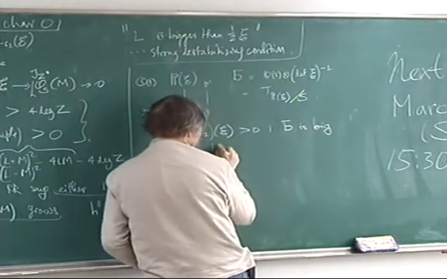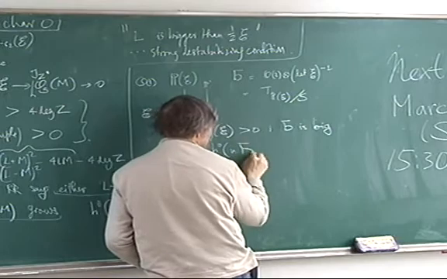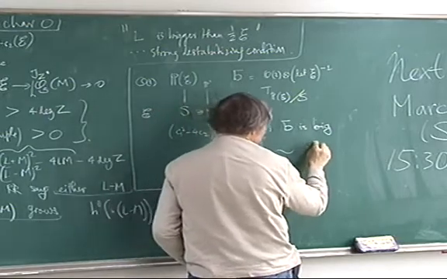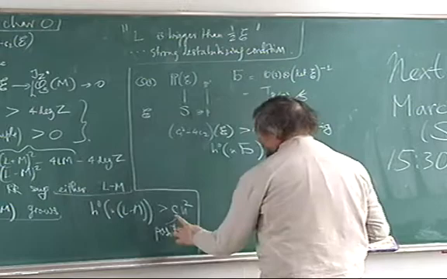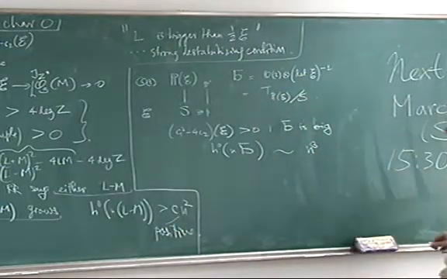So H naught of nB grows like n cubed, with a little positive constant, so it grows at least like n cubed.